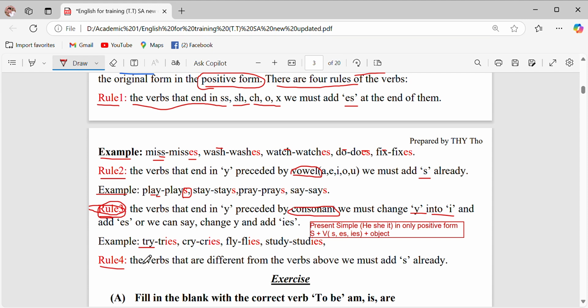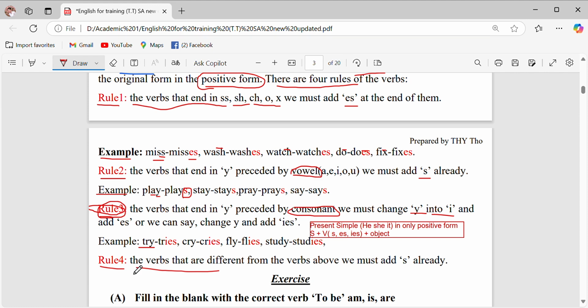The verbs that are different from the verbs above, we must add s when we use them with the third person singular he, she, it. When you see any kind of verb that is different from rule number 1, number 2, and number 3, you don't have to think deeply.